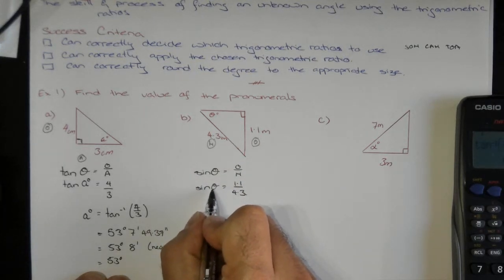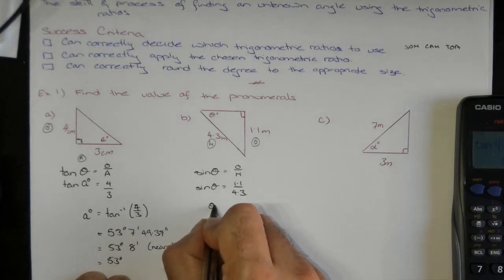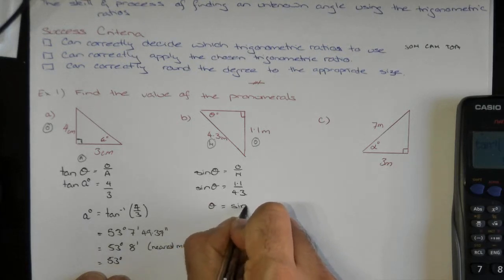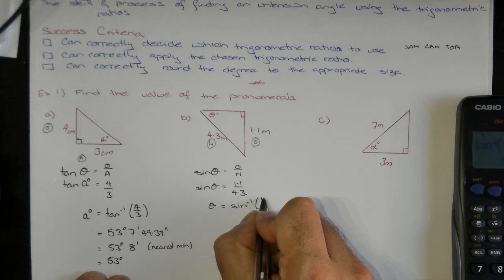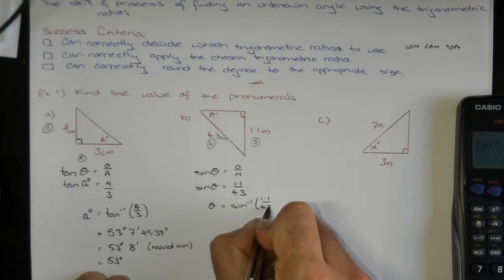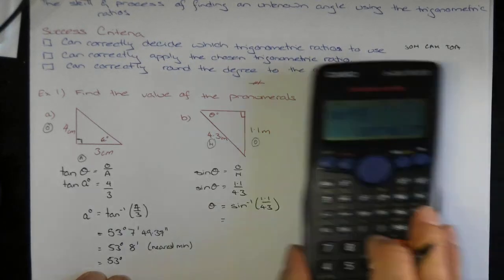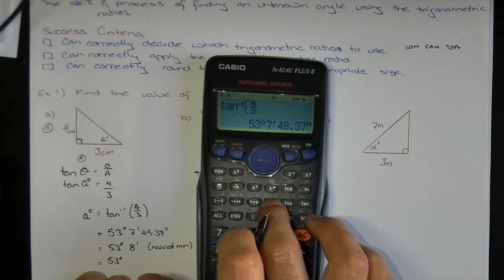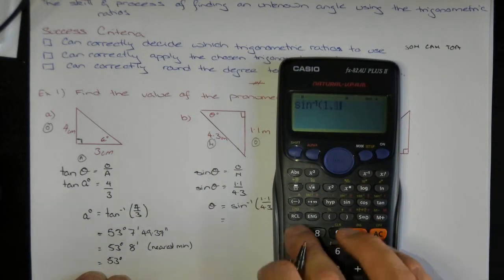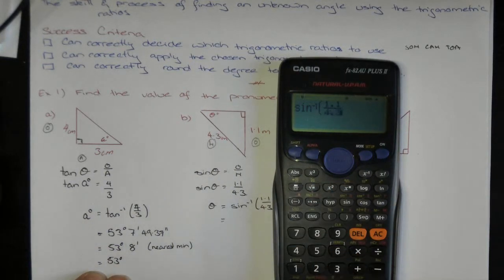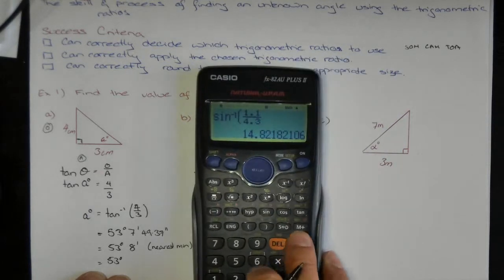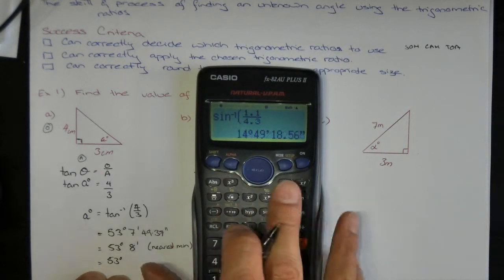To keep theta by itself, I have to find the inverse sine. So shift sine 1.1 over 4.3 equals, and then I must press my degrees, minutes, seconds.